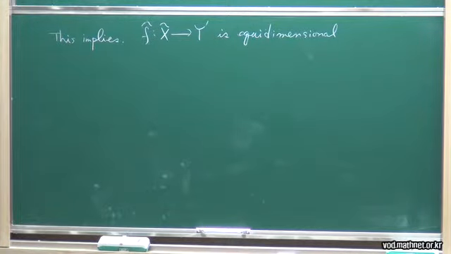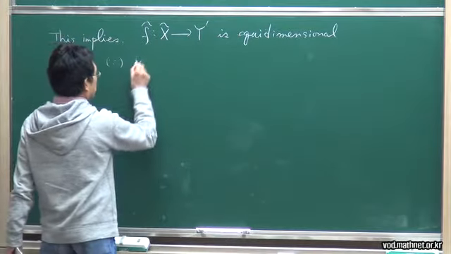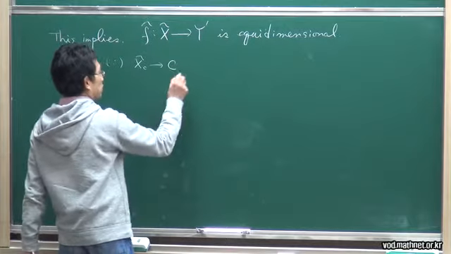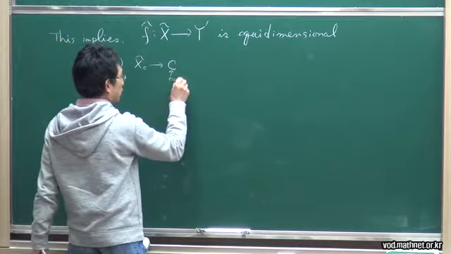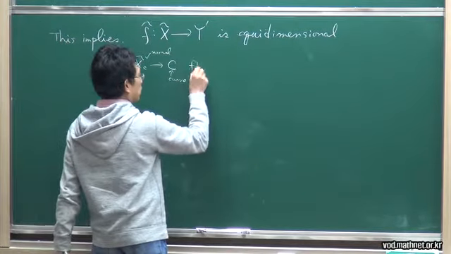Then we obtain this one, X tilde C is normal. And so this variety is dominant onto C. So the fiber is equidimensional. Okay. So this is because X tilde C to C, this is a curve, and this is normal. So this is flat. Okay.